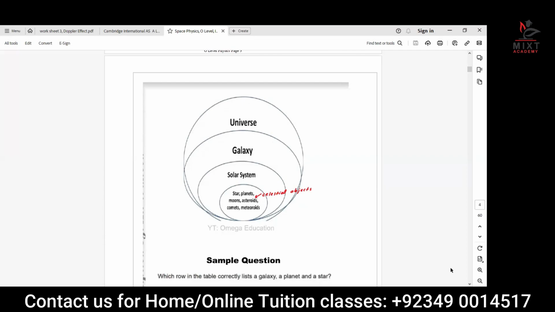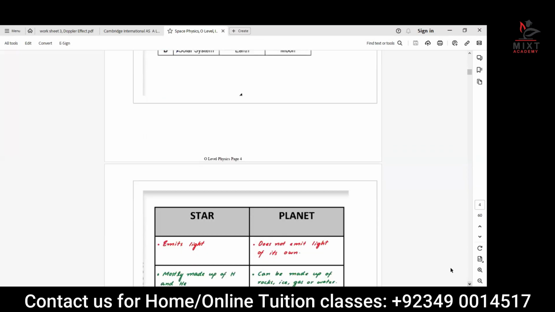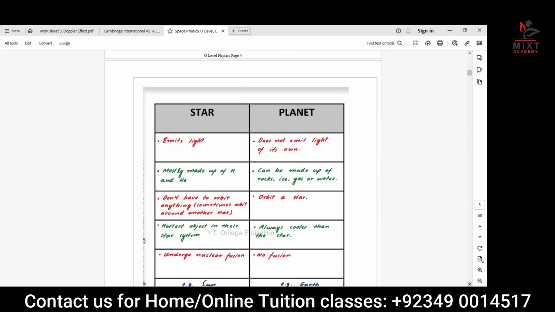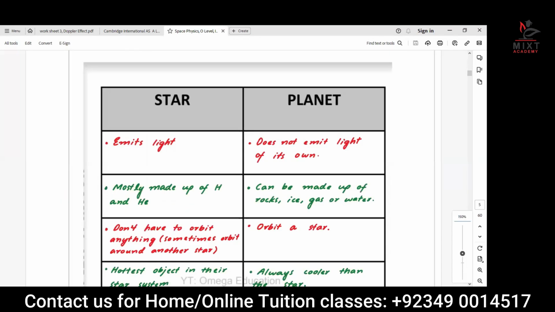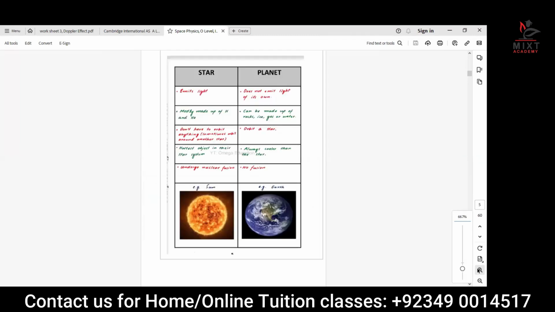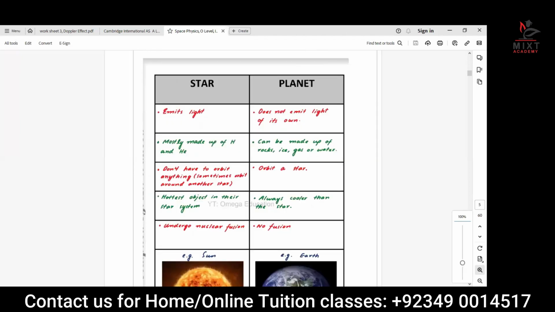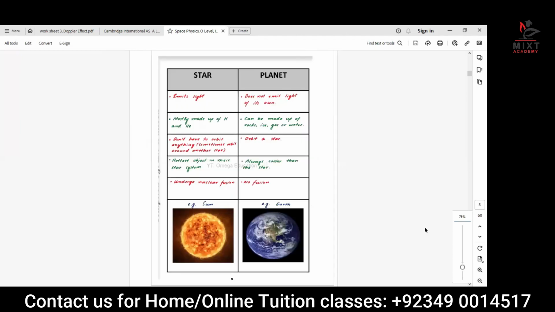So first, a very important thing, we will do a comparison of star and planet. Students, are you able to see the diagram, the comparison of star and planets, on your screen?